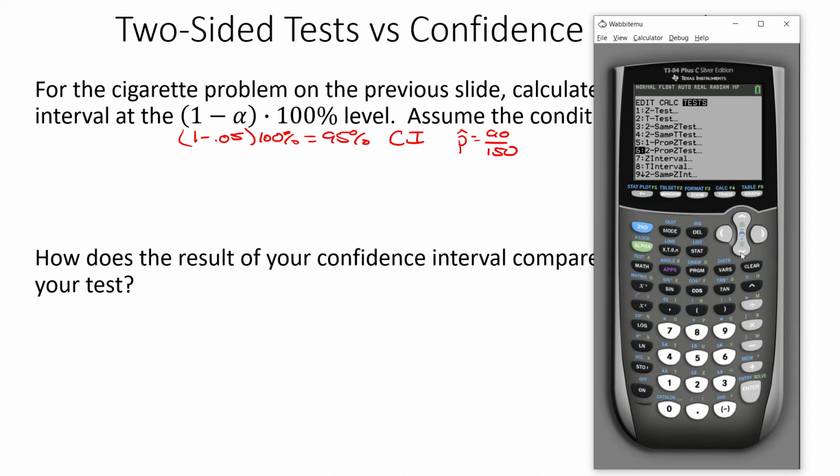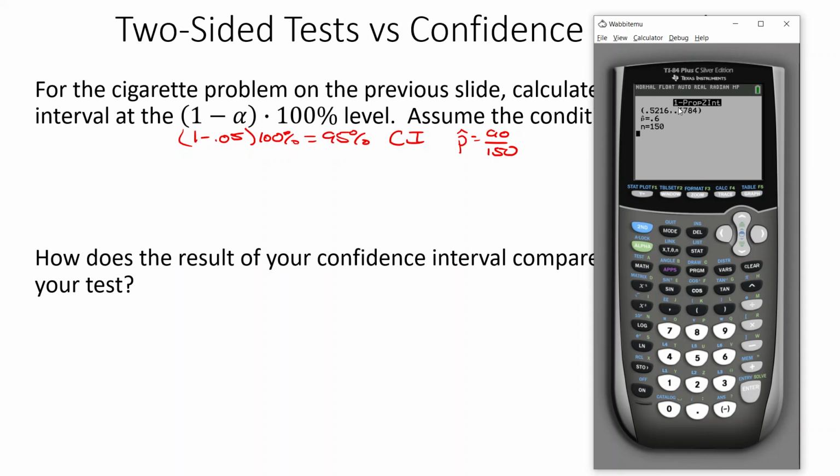So we have the 1 proportion z interval. There we go. And we've got 90 out of 150, and 95% was our 1 minus alpha level.